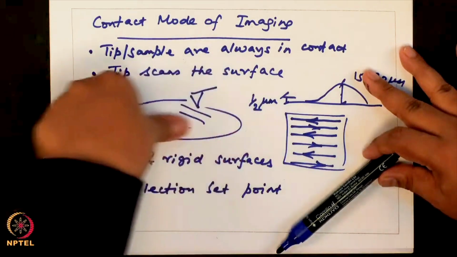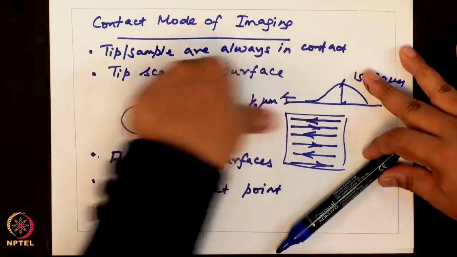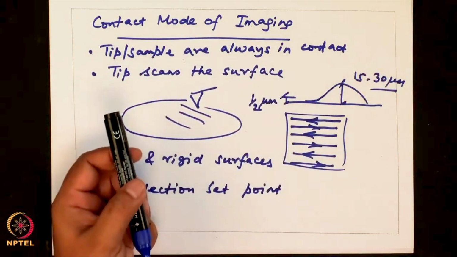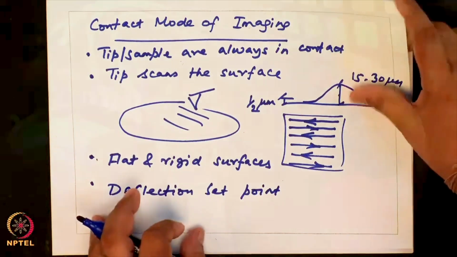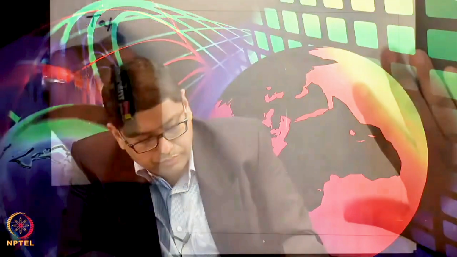So, you put a press on your sample while scanning, okay, and that is what the deflection set point is. Okay. But this kind of imaging is not good for samples which are soft or very loosely attached. So, there is an alternate mode of operation, okay, which is called the tapping mode.